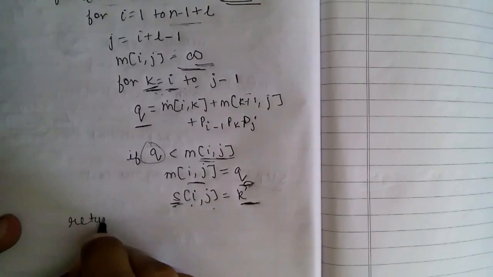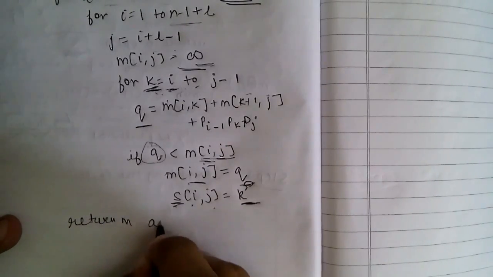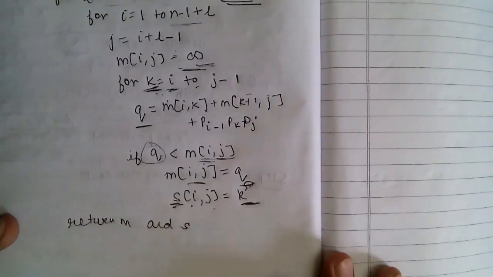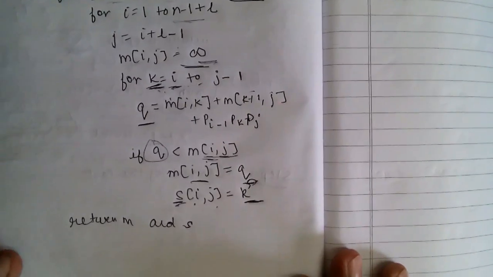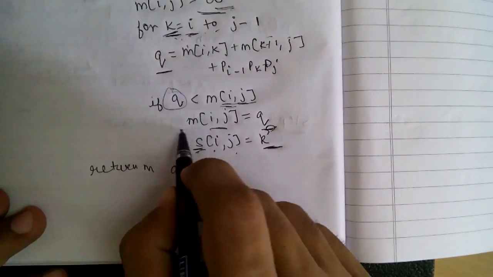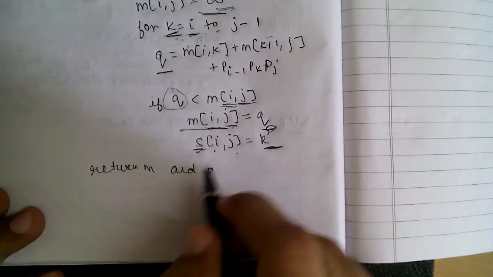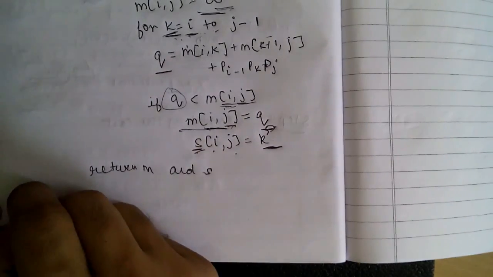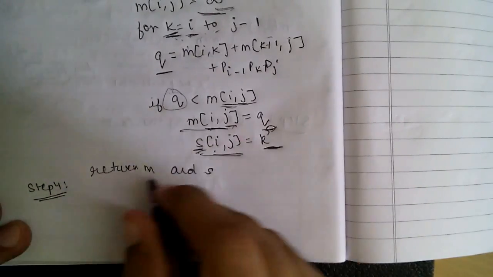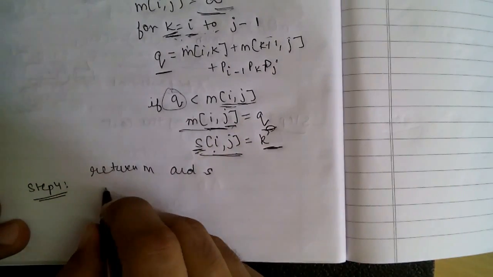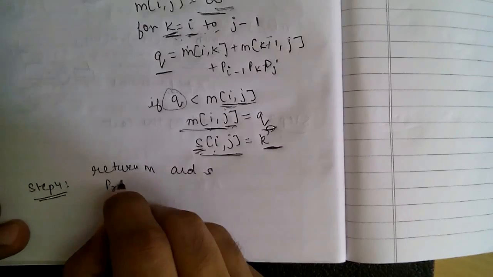In the end just return m and s. In this way we will get our optimal cost for i to j. And if you want to print the actual order of multiplication, you will get it from s of i, j.